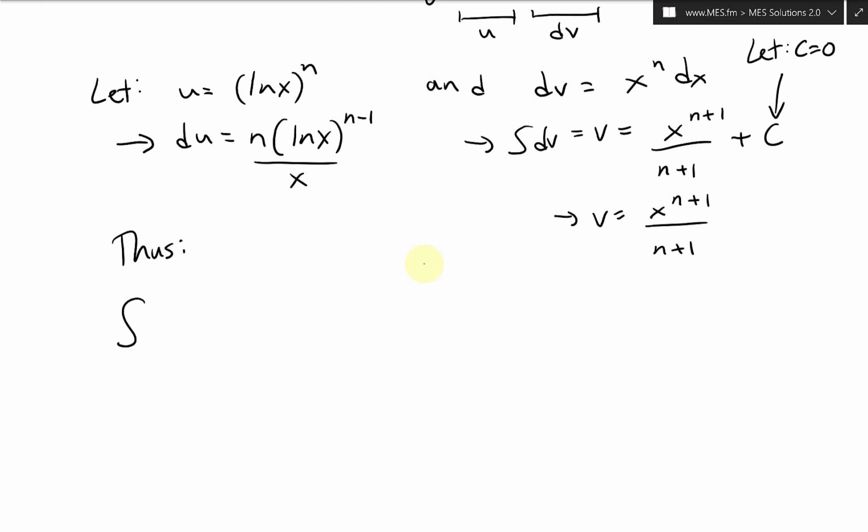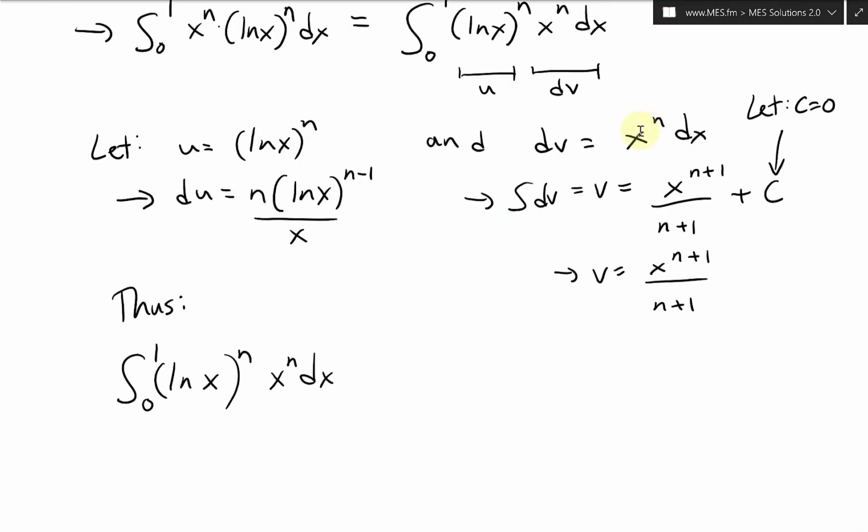Putting this all together, the integral from 0 to 1 of (ln x)^n, that's u, times x^n dx is equal to, and here I'm going to take a limit. This is because you can't just plug in ln of 0, which goes to negative infinity. So we have to put a variable t approaching 0 from the right side.